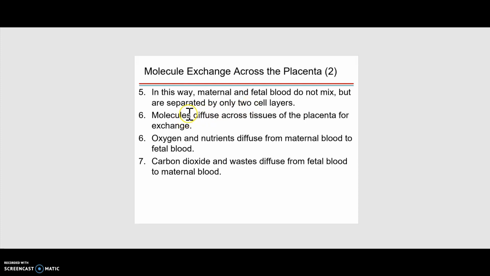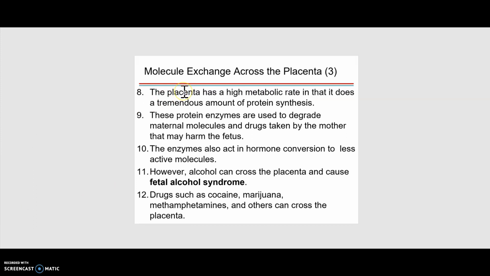What should happen, everything should occur by what? Diffusion across the tissues, diffusion across this placenta. Oxygen and nutrients diffuse from the maternal blood to the fetal blood, and then the fetus gives the waste and carbon dioxide there. All right, so let's go a little further. The placenta has a high metabolic rate in that it does a tremendous amount of protein synthesis.